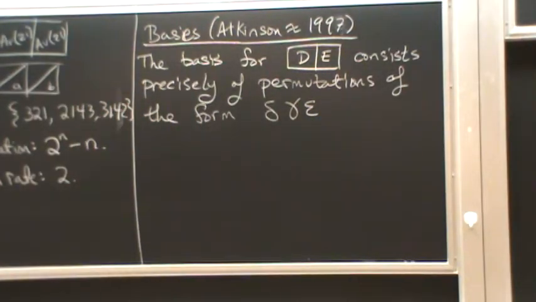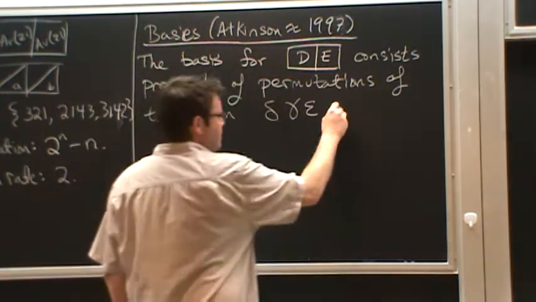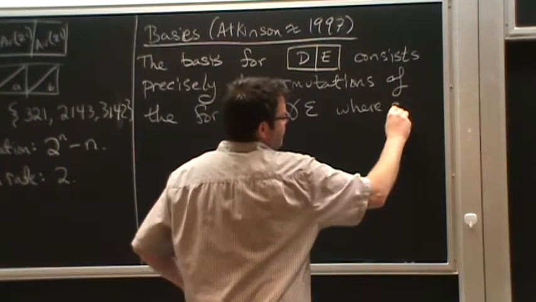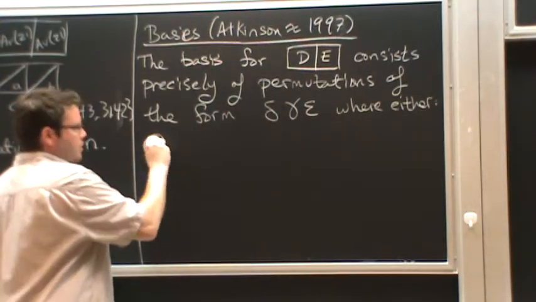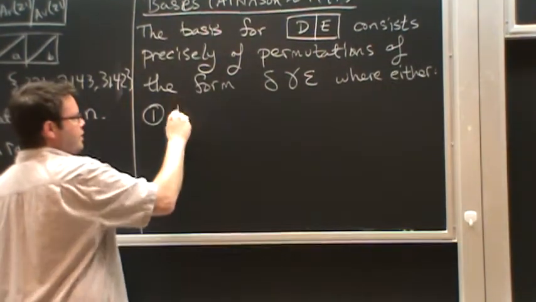So I'm viewing these just as concatenations of subsequences, where there are two ways this can happen.